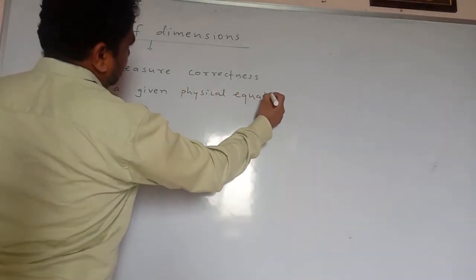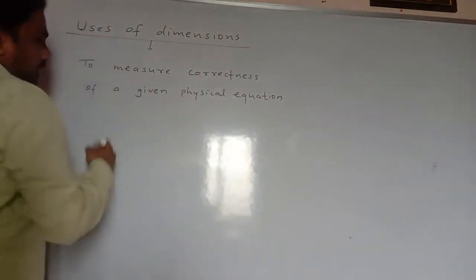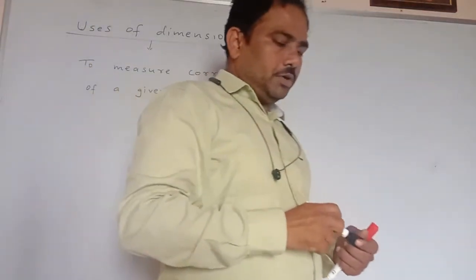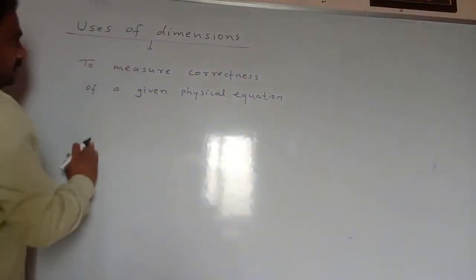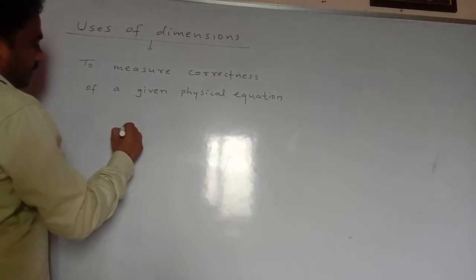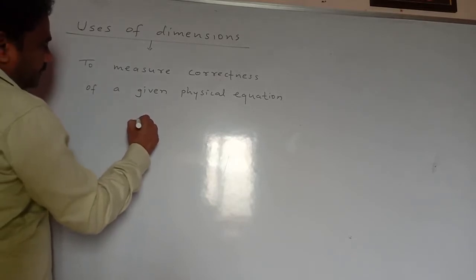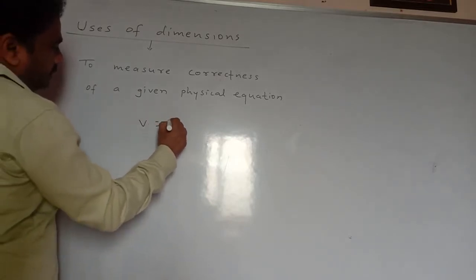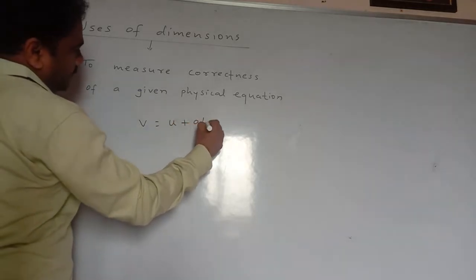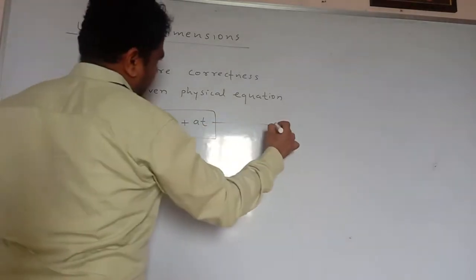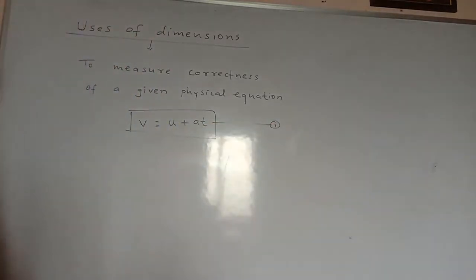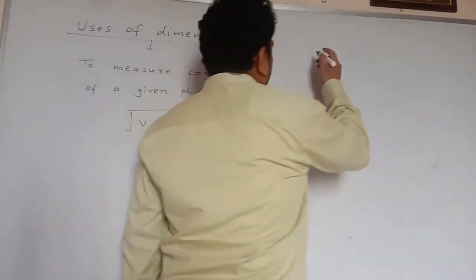Suppose any equation is given to us and we want to check its correctness, how can we do that? Suppose the first kinematical equation is given, v is equal to u plus at. We have to measure its correctness.